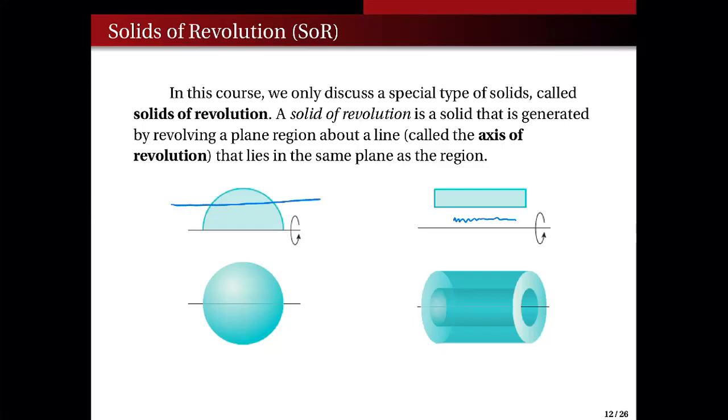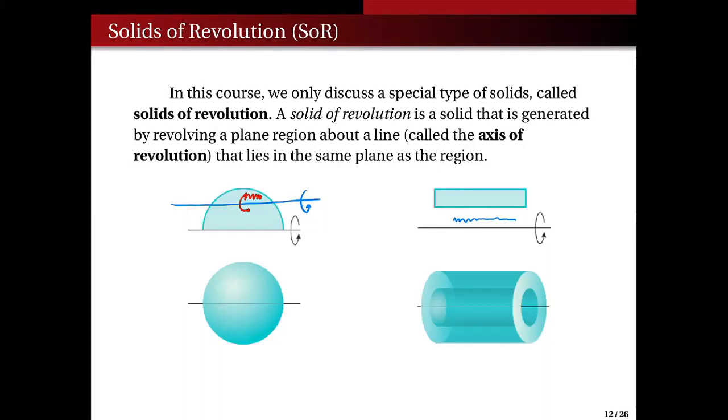Imagine if you revolve this, all the points that are in here will create some solid, but eventually at some point when it passes through this part here, it will bump the solid that was created by this part of the region.